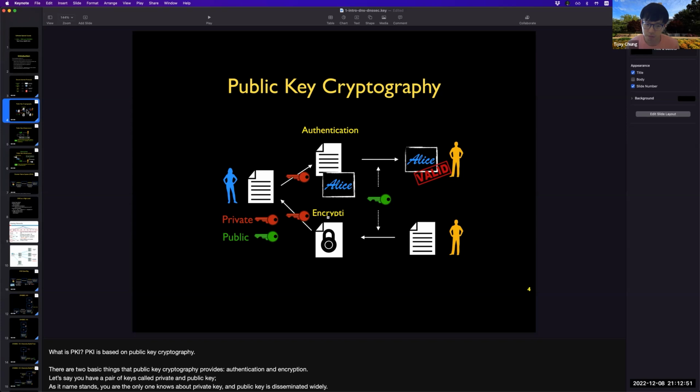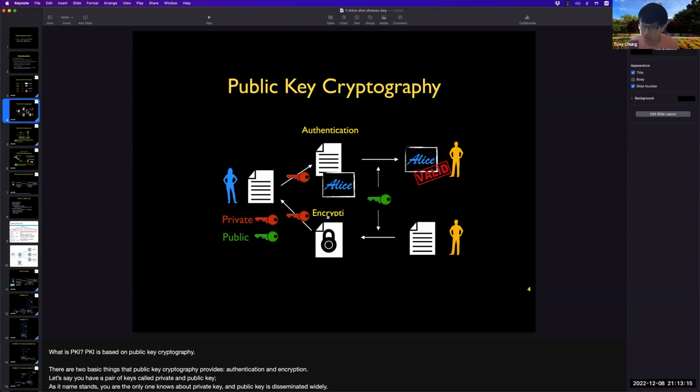We use public-private key pairs, and one nice functionality of the key pair is that if you encrypt something using your private key, it can be decrypted using the public key, and vice versa. Using these two concepts, public key cryptography provides two nice functions.